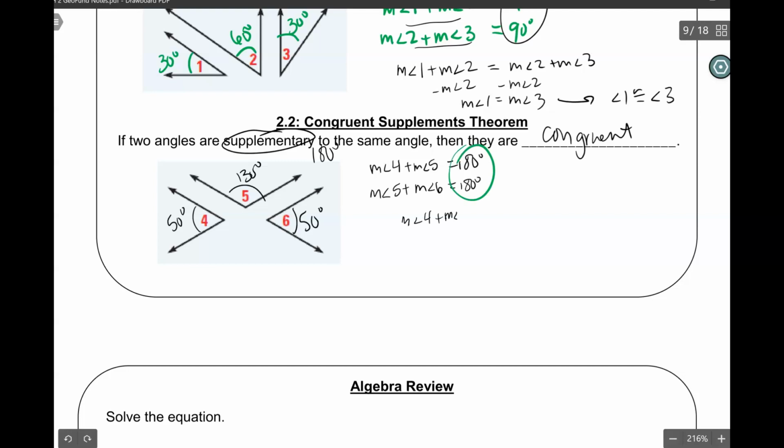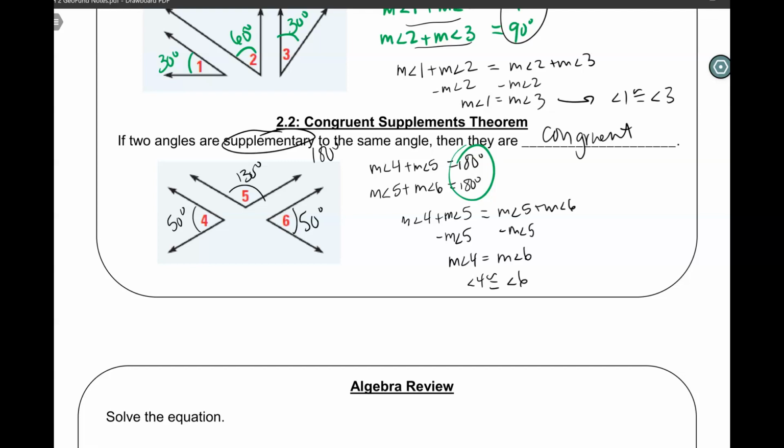Measure of angle 4 plus the measure of angle 5 is going to equal the measure of angle 5 plus the measure of angle 6. By subtracting the measure of angle 5 from both sides, I find the measure of angle 4 is equal to the measure of angle 6. But wait, if the angle measures are equal, that means the angles themselves are going to be congruent. Okay.